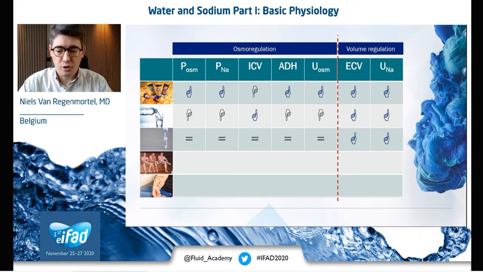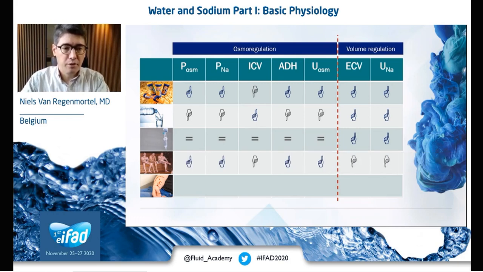Now look at a situation of dehydration. Put a few men in a sauna and take off their beers. What we will now see is that we lose free water, so plasma osmolality will increase, plasma sodium will increase, we get slight hypernatremia, and we will get thirst, of course.